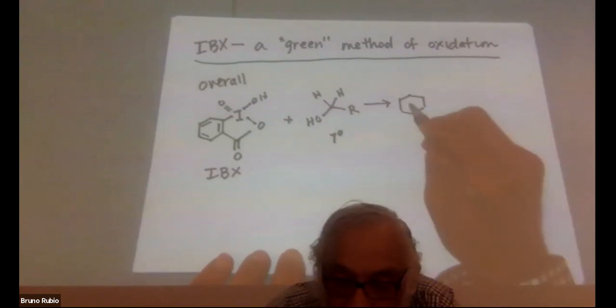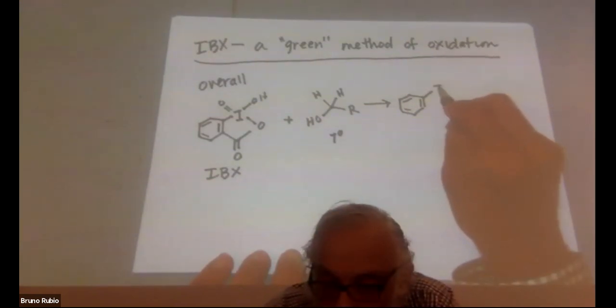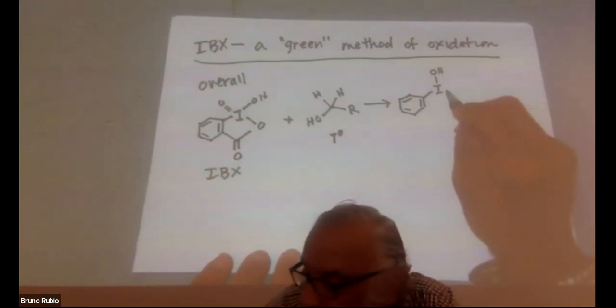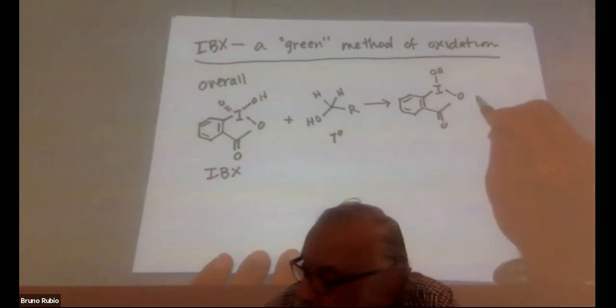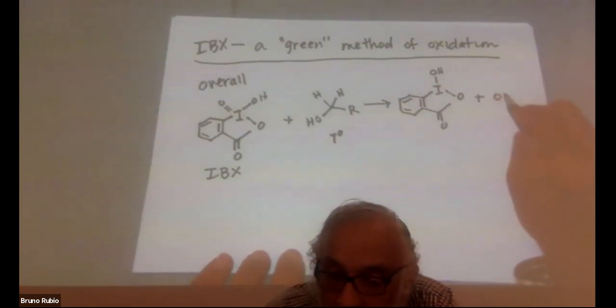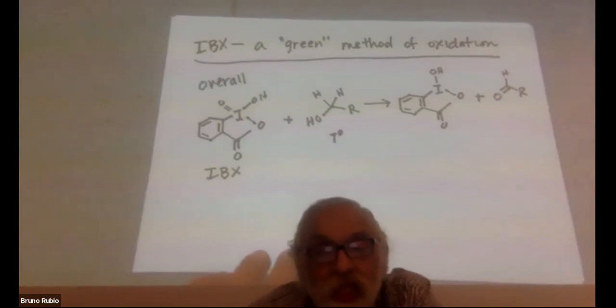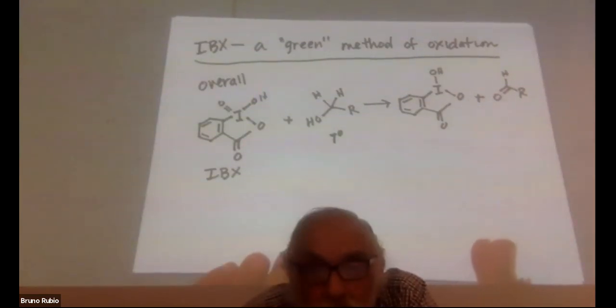So the overall reaction here is, the IBX is converted into this species, and the primary alcohol is oxidized to an aldehyde, right? And it stops there. It doesn't go on to make a carboxylic acid.